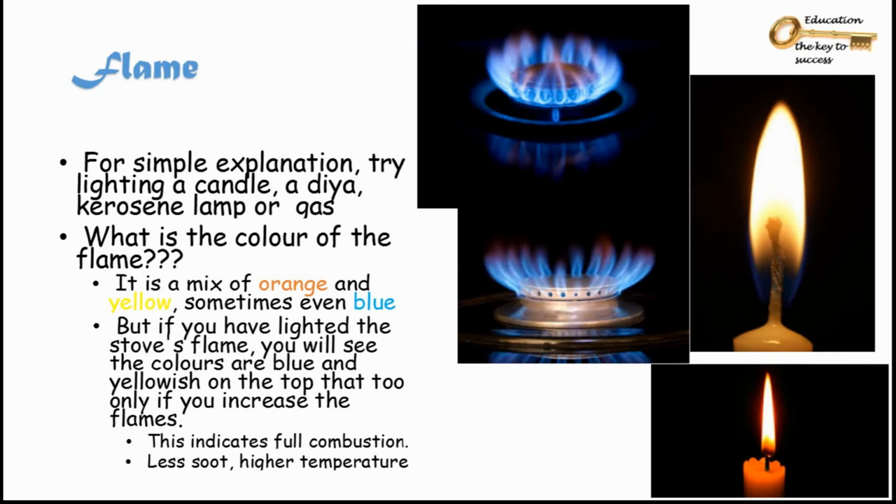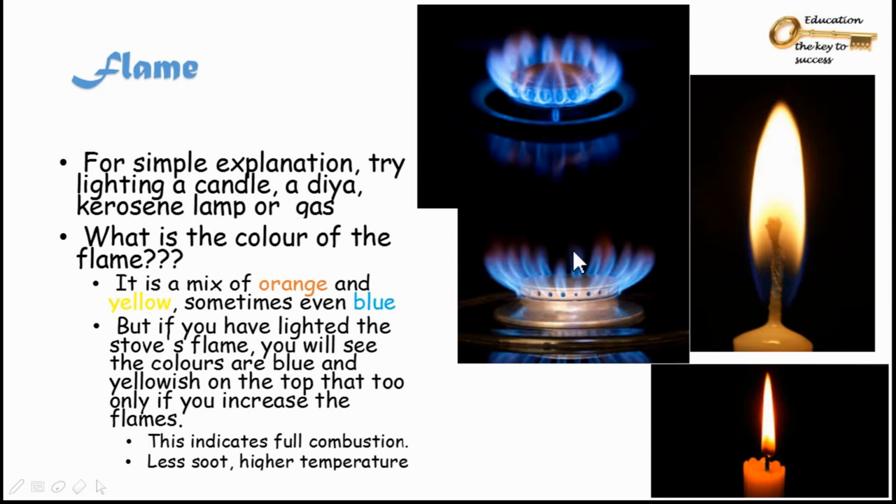This indicates full combustion, and the lesser the soot, the higher the temperature. So, the blue flame is the most effective one, is it? Yes. In this picture, you can see that since the gas is on a low flame, there is less yellowish and orangish color.